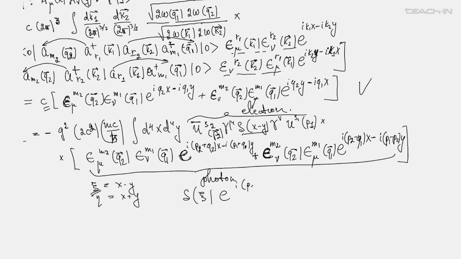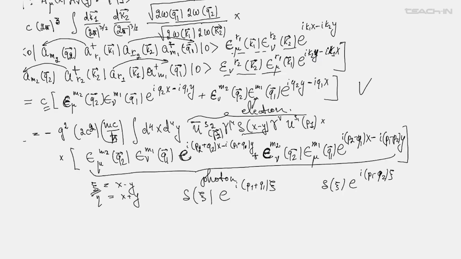And in the second case, the second exponent will contain S of xi, exponential i(P1 minus Q2) multiplied by xi. Integrating over xi means that you come to the Fourier transform of the propagator in Fourier space, which we know very well. And integration over eta will produce a delta function, which turns out to be nothing else than the delta function describing the conservation of the total momentum.